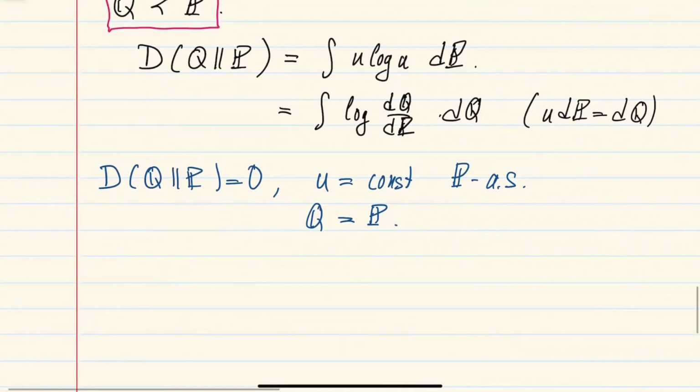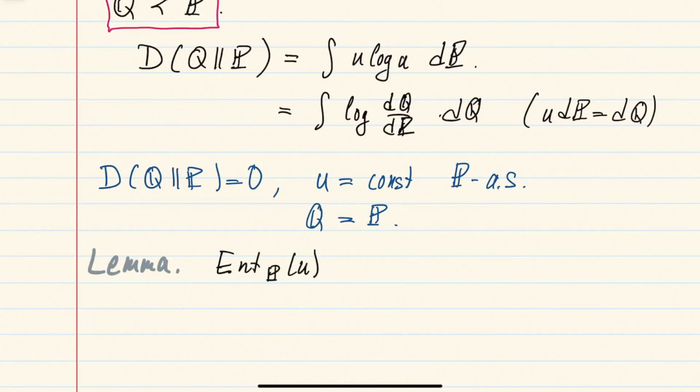Alright, so these are just the definitions, and what we will need is the following classical representation of the entropy by some variational formula. Okay, so this is called the variational representation of the entropy, and it says that the entropy of a function u can be written as a supremum of the integral of u times v with respect to p over all functions v.